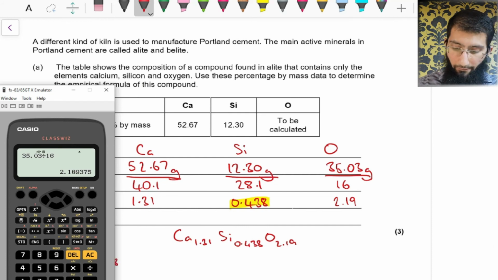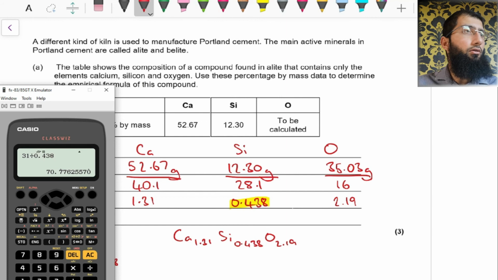So I'm going to divide by 0.438. In the first case, I'm going to do 1.31 divided by 0.438. Hang on, I've not done that correctly. Let's try that again. 1.31 divided by 0.438 should be 3.